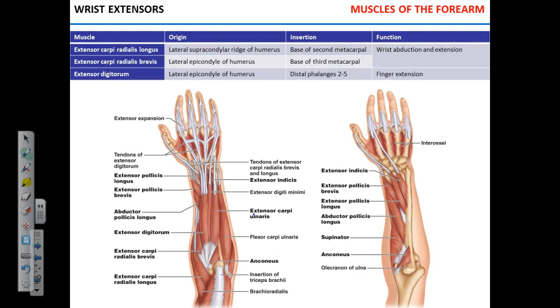To your question, extensors. Now, extensors you can see like 4 or 5E. All muscles of the posterior aspect of the forearm are extensors. We're going to start with extensor carpi radialis longus and brevis. They are immediately next to the brachioradialis. 19 here is extensor carpi radialis longus, and 18 is extensor carpi radialis brevis.